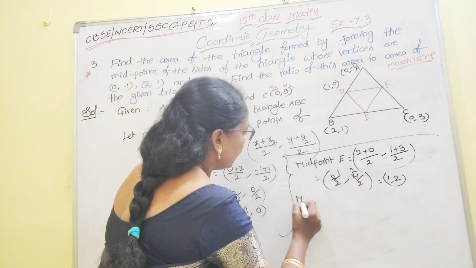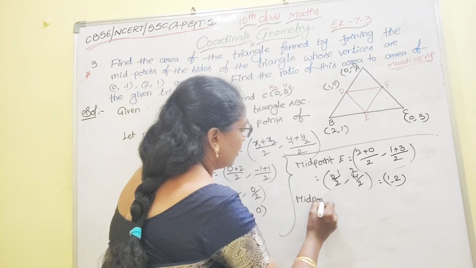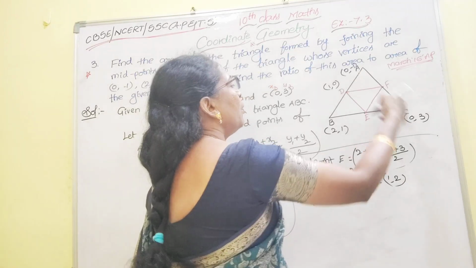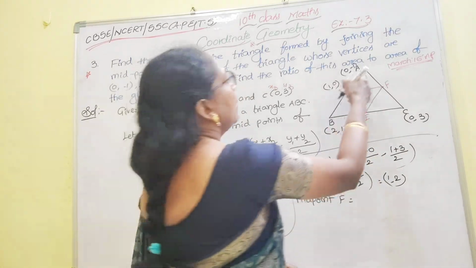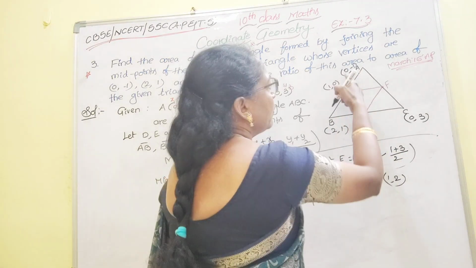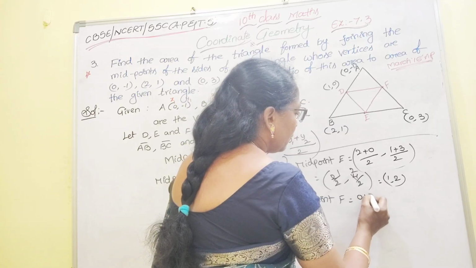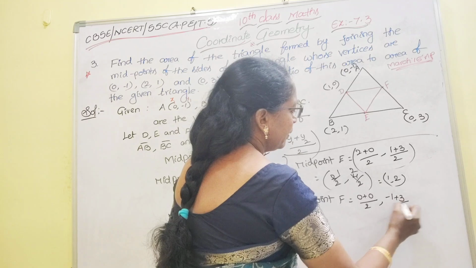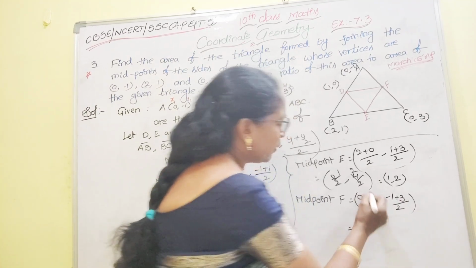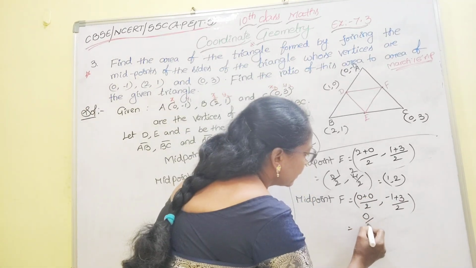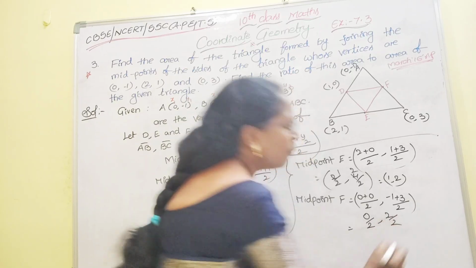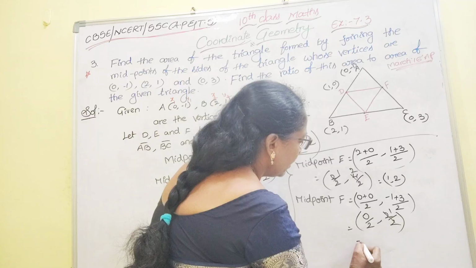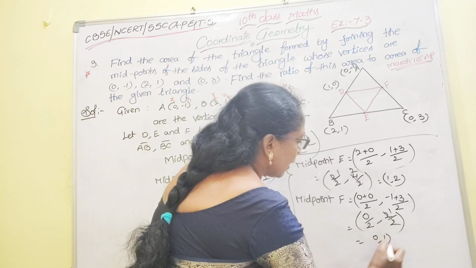Next midpoint F. F is a midpoint of A and C vertices. Now add x1, y1, x2, y2. So 0 plus 0 by 2 comma minus 1 plus 3 by 2, that equal to 0 by 2 comma 2 by 2. 2 by 2 is nothing but 1, 0 by anything equal to 0, so 0 comma 1.